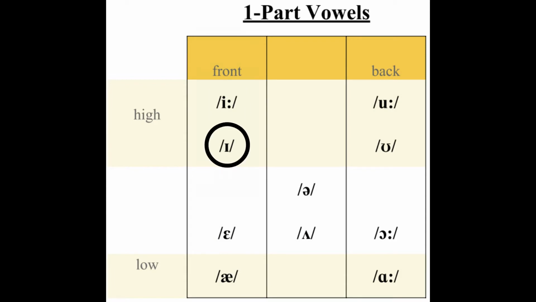E, I, ah, oo, ah. We'll come back to this chart later when I teach you more about one-part vowels.